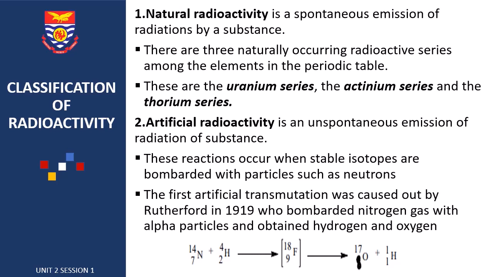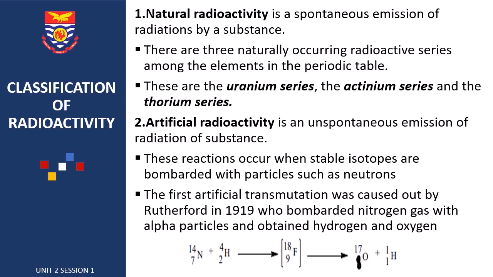Let's look at artificial radioactivity. Artificial radioactivity involves the non-spontaneous emission of radiations by substances. So, in this case, it is a method of inducing a nuclear reaction to proceed. The nuclear reaction is forced, and it is done by bombarding stable nuclei with certain particles.